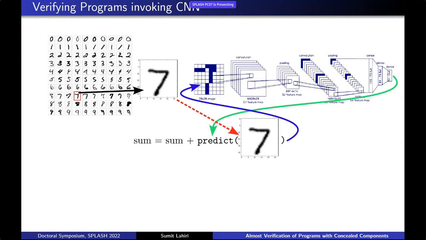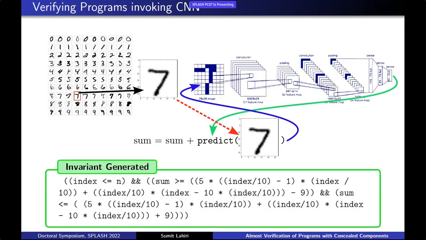What we wanted is an invariant which says what exactly sum is for the given program. Our tool Albiet was able to generate this invariant for this program, which showed how effective it is on programs with these components.